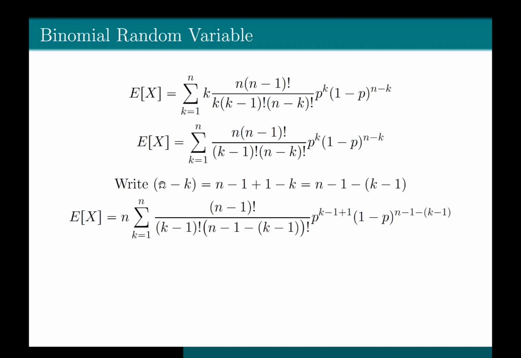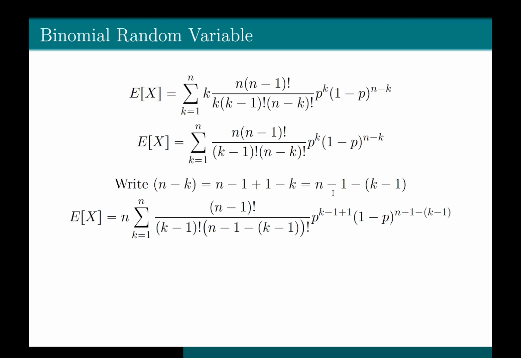So we are basically adding and subtracting 1 in this term n minus k. Wherever you see n minus k, you add and subtract 1, and then you pair it as n minus 1, and you pair k minus 1 together. So this n minus 1 plus 1 minus k will become (n minus 1) minus (k minus 1).